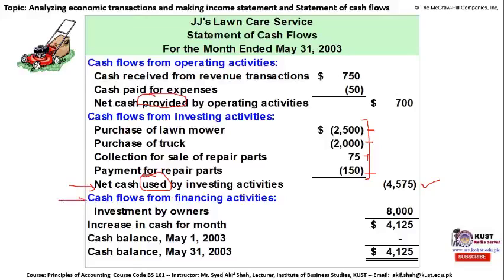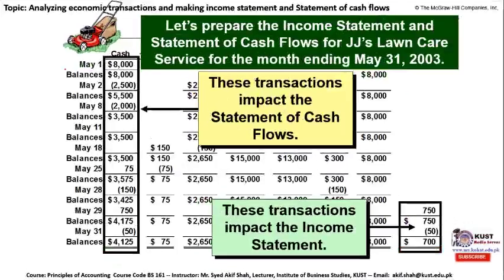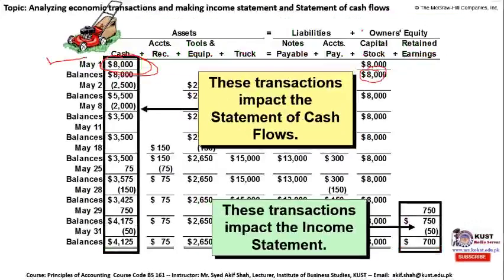Let's come towards the final section, which is telling us cash flow from financing activities. As we knew, the owner initially invested $8,000. This has also been confirmed from our first column's first transaction, where the owner invested $8,000 and the capital stock was increased.